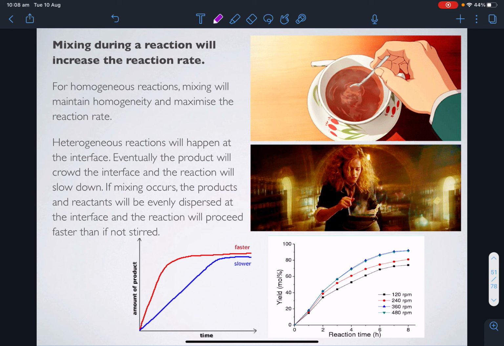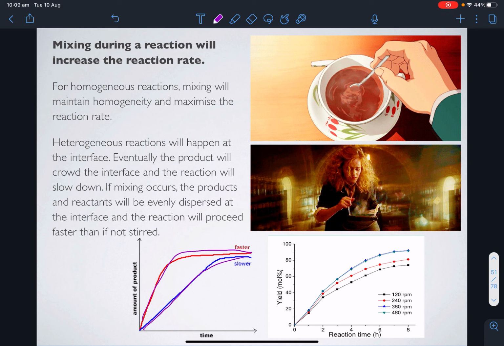For heterogeneous reactions it's a problem as well, because eventually the product can cloud or cover over the surface of the interface. So you want to move it away. You want as much chance as possible that the 2 reactants are meeting each other. So more mixing, more chances of the reactants meeting each other and the product getting out of the way, the faster. Here, for the amount of product, the mixing is slow in the blue and faster in the red.